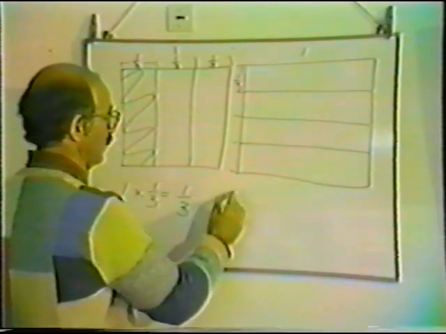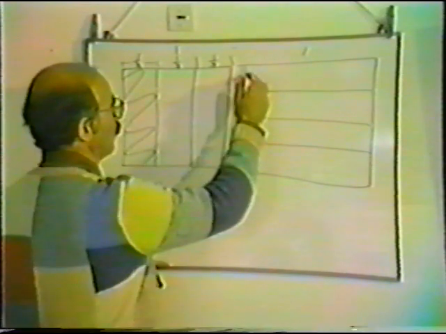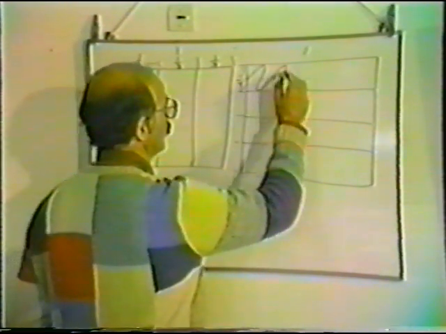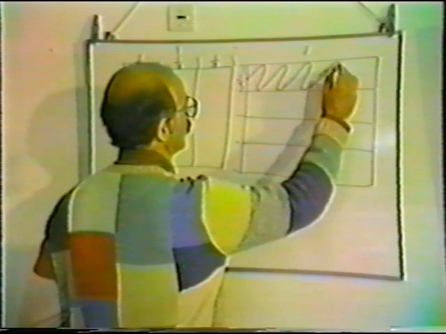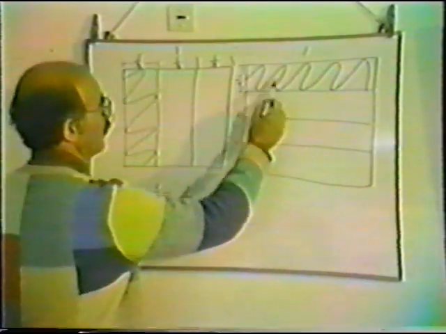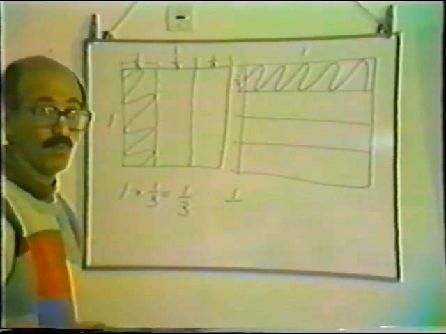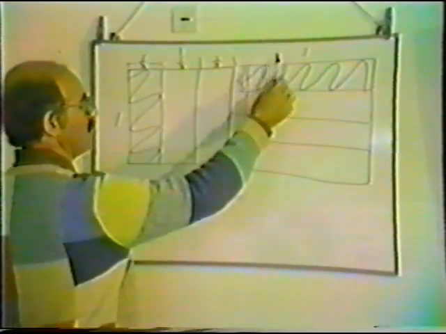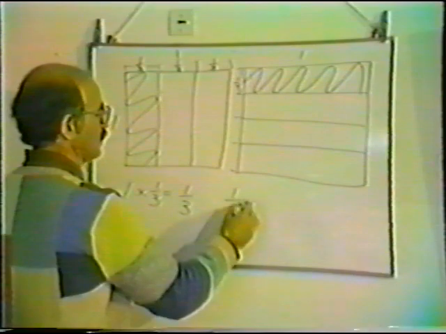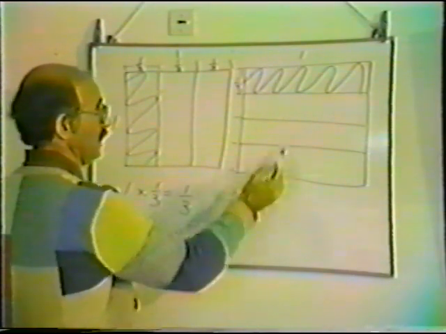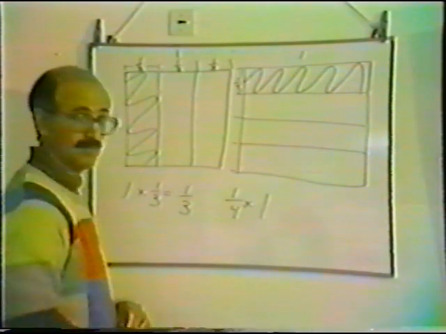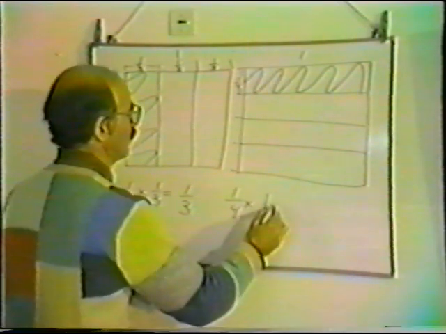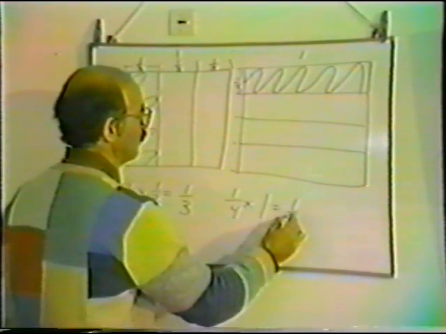So this time we have this space in there. And what is the area of this space? 1/4 times 1. How much of the pizza have I eaten? 1/4.